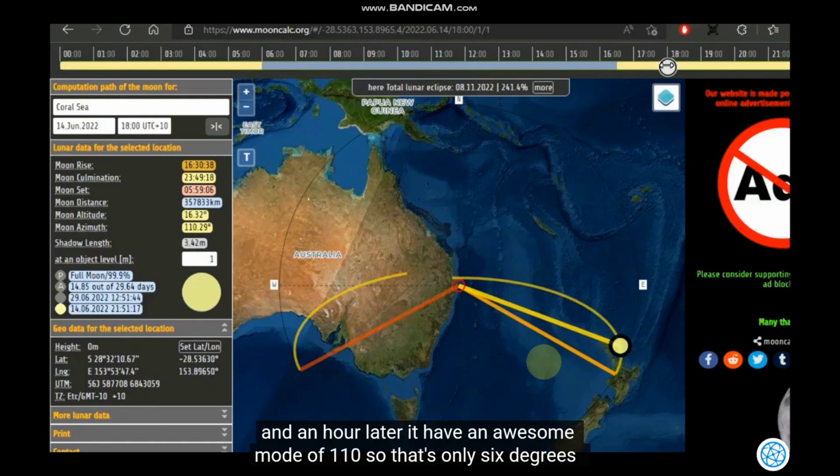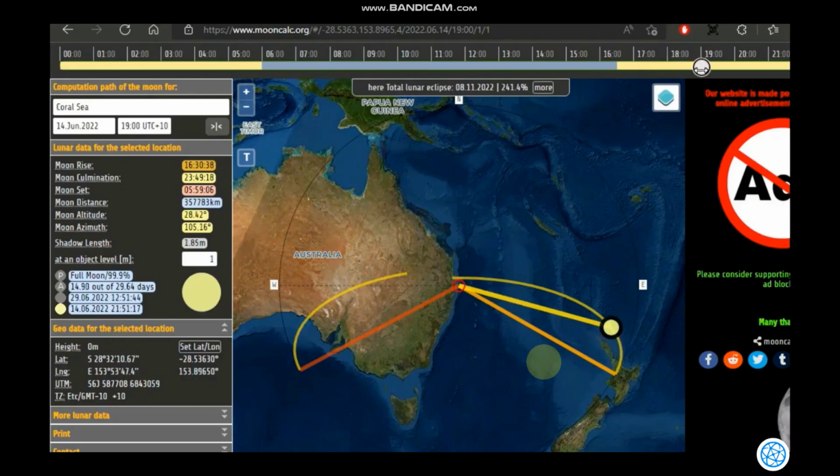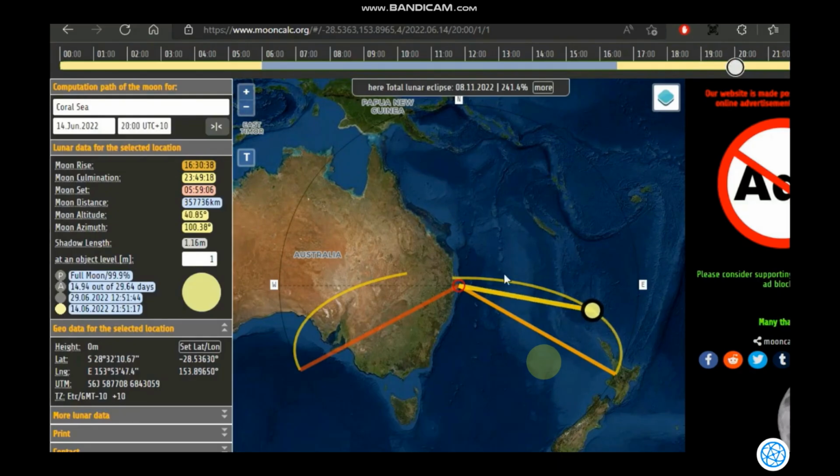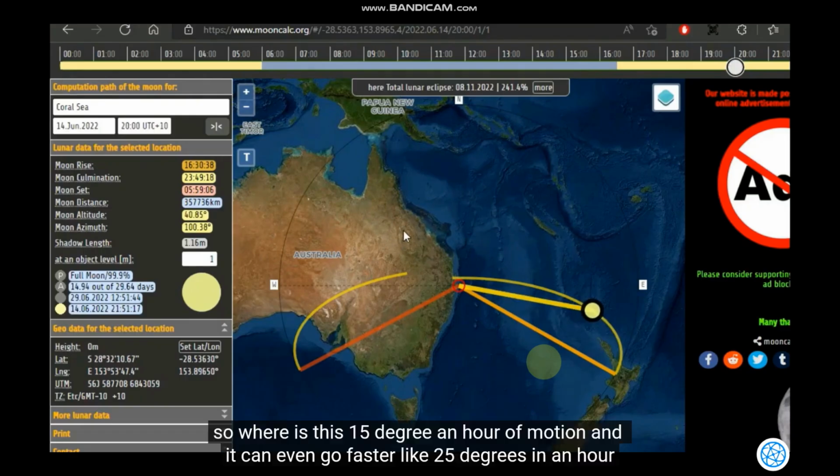And an hour later, it has an azimuth of 110. So that's only 6 degrees. And now the speed even dropped 1 degree. And now it's 5 degrees in an hour. And again 5 degrees. So where is this 15 degree an hour motion?